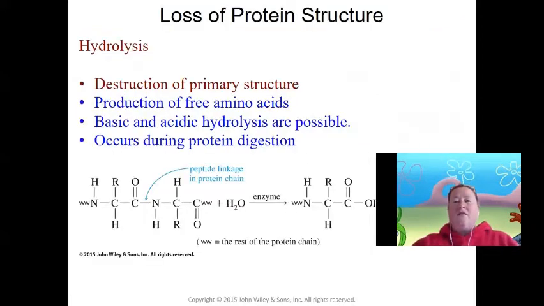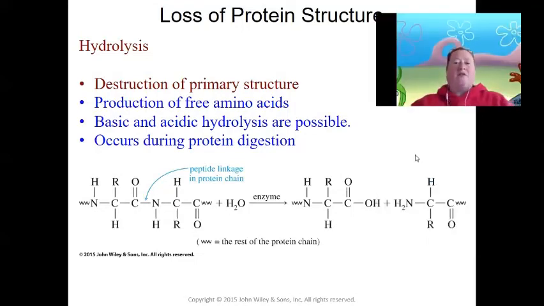So the loss of primary structure, the separation of amino acids, is called hydrolysis. Remember, hydrolysis is the cutting or the cleaving of a molecule with the addition of water. So this destroys our primary structure.